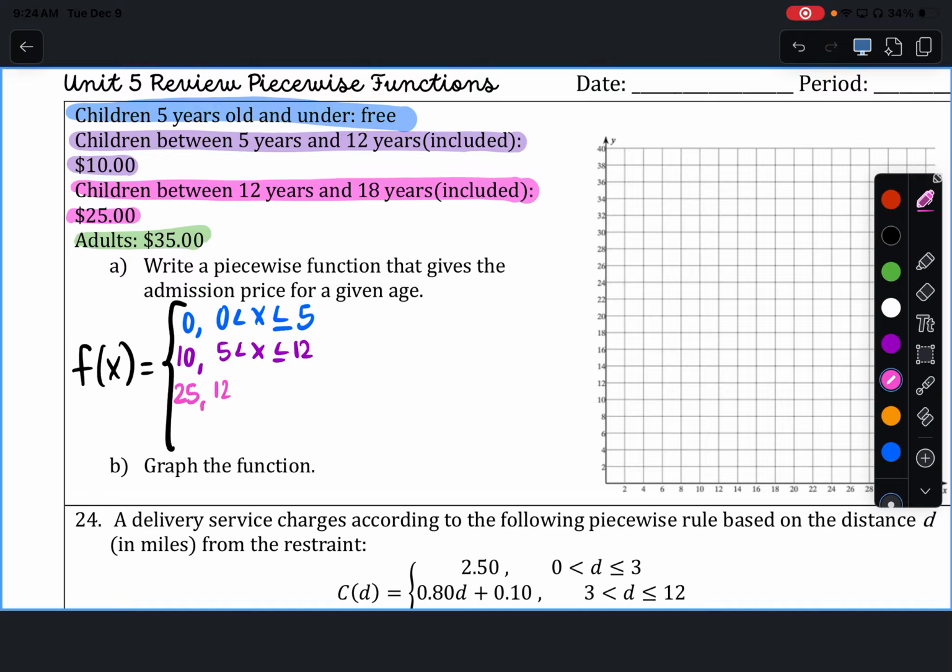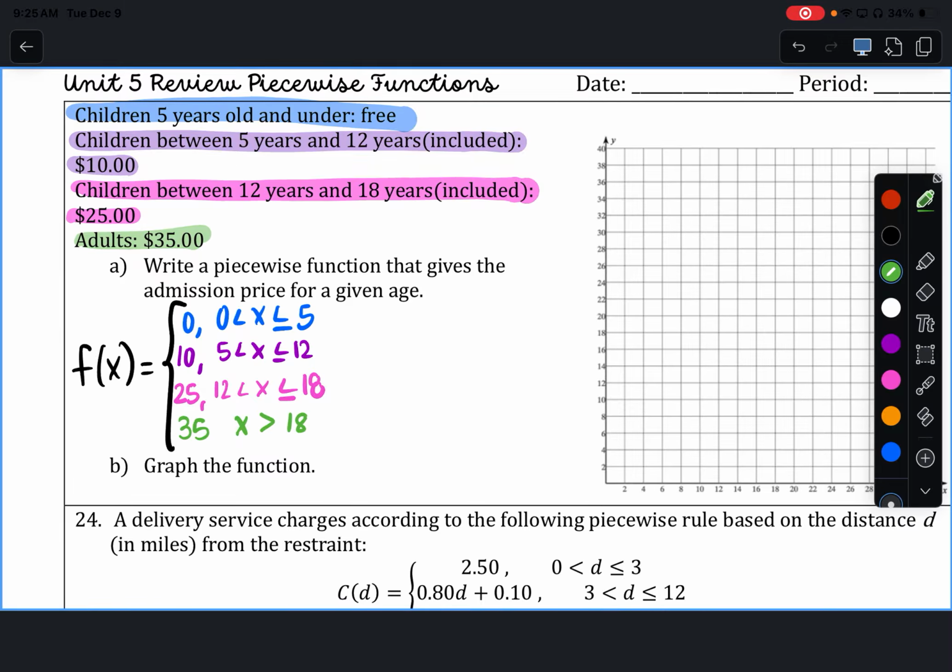And so we go 12 to 18. Which one's included for that one? Okay, then adults. How much are adults? And that is just going to be x is greater than 18. Okay, then it wants us to graph it. Okay, it's 18. Yeah, I just had it written wrong.